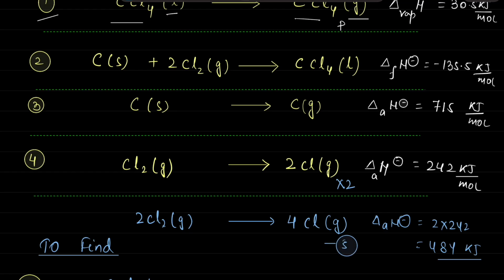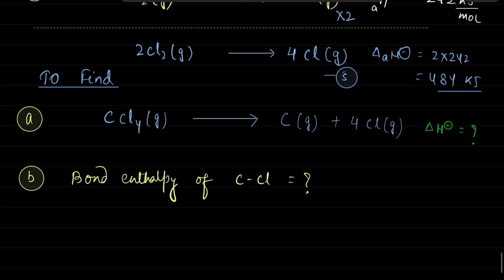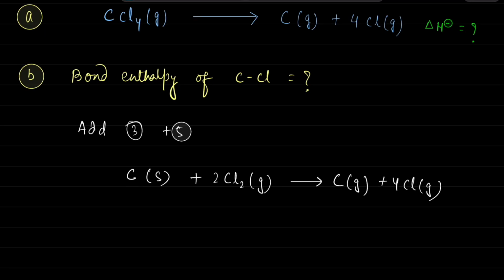So let's add reaction number 3 and reaction number 5. By adding reaction 3 and reaction 5, carbon in the solid state plus 2 chlorine in the gaseous state forms carbon in the gaseous state plus 4 chlorine in the gaseous state, and the energies will also be added.